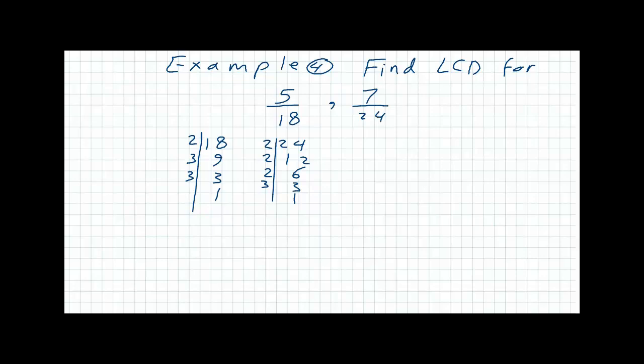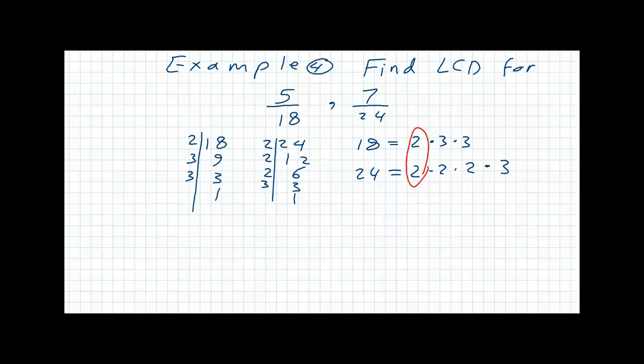Now write every one of these numbers as a multiplication of their prime factors. 18 is 2 times 3 times 3, and 24 is equal to 2 times 2 times 2 times 3. Now let us see the common factors between the two numbers.